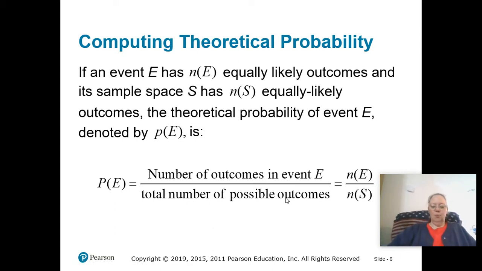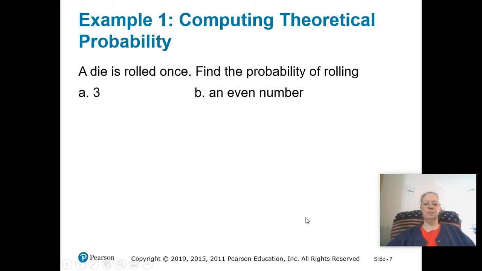But basically what we are looking for is the number of ways we can get what we want divided by the total possibilities. What we want divided by the total.